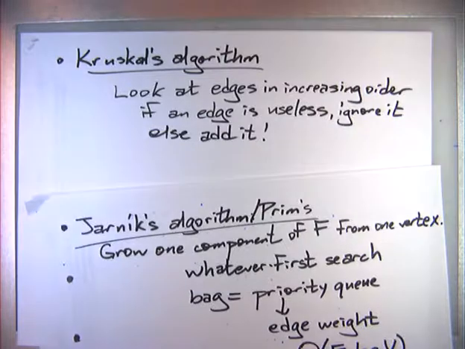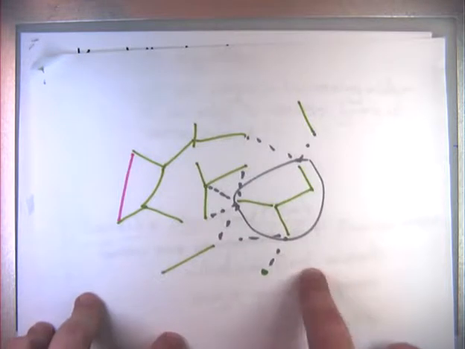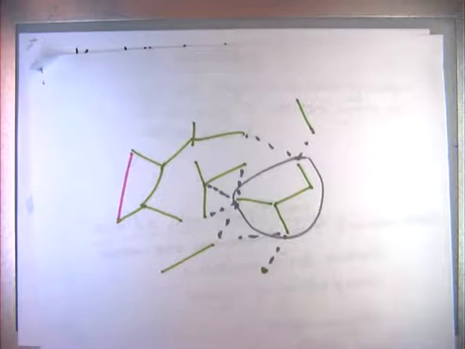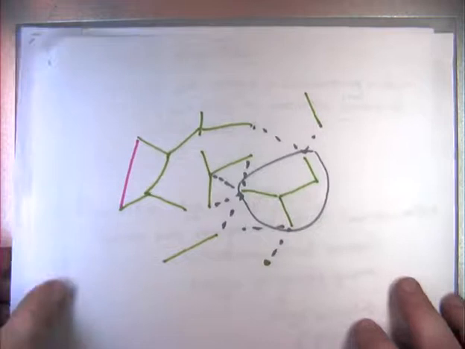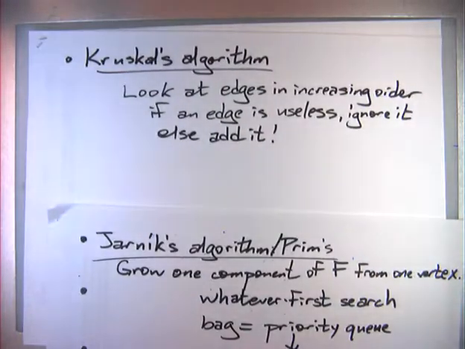In the generic strategy, one of these dashed edges is safe, and the rest of them are neither safe nor useless. I don't know what to do with them yet. But if I consider all of the edges in increasing order, then whenever I look at an edge, if it's still connecting two different parts of F, it must be the lightest edge connecting those two parts of F. It must be safe.